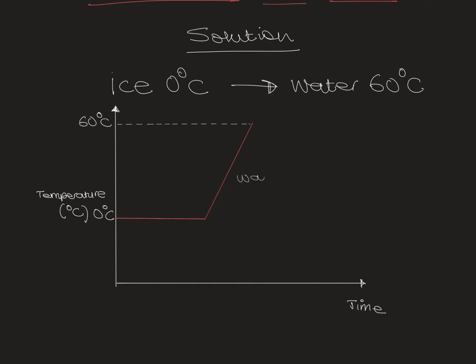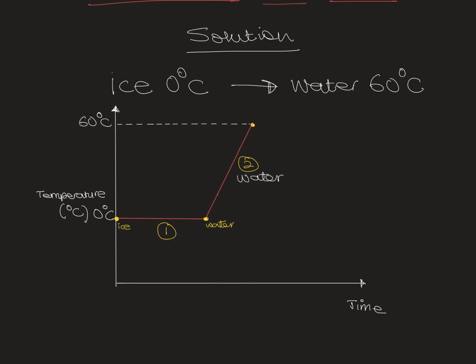The first point is here where we have ice at 0 degrees Celsius. Then it becomes water here at 0 degrees Celsius. Then from water at 0 degrees Celsius, we move to water at 60 degrees Celsius. So basically, we're going to have two stages. This is 1, this is 2. Here is ice, here is water.